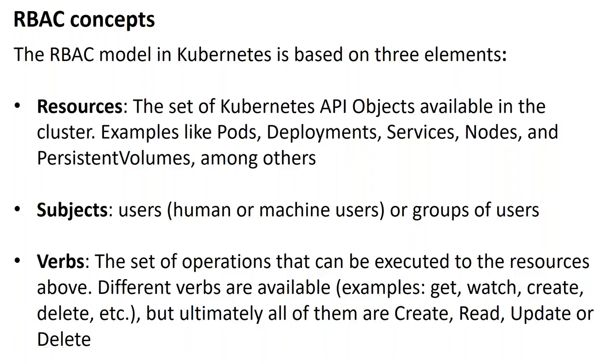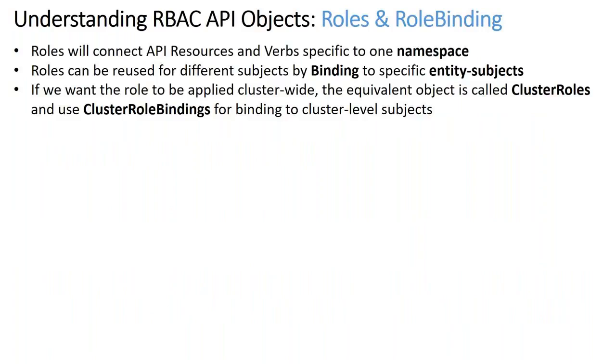With the combination of these three, we will be able to specify how access can be given based on a role. That is, with the combination of your resources, subject, and verb, we will be able to give the access. Now how? Watch this.